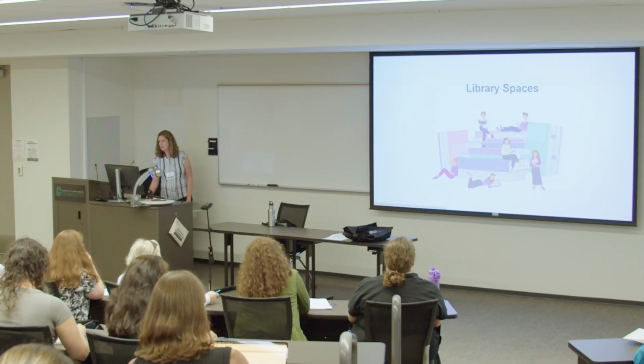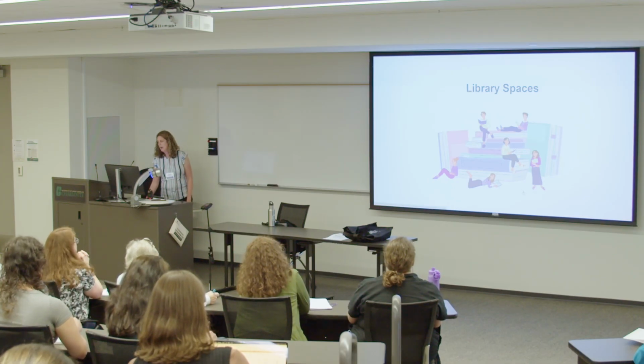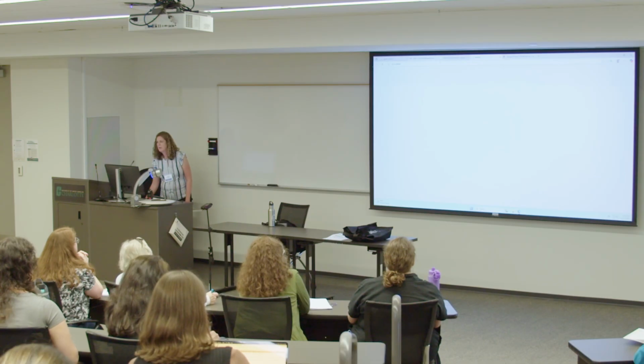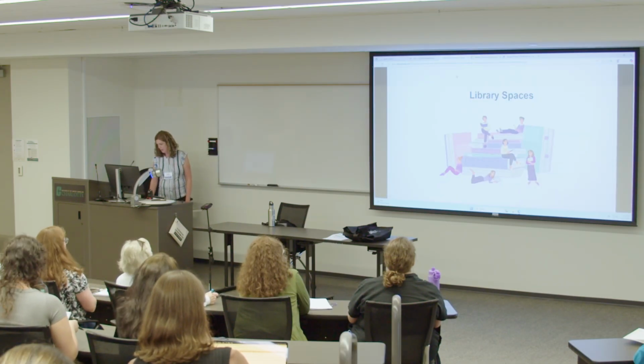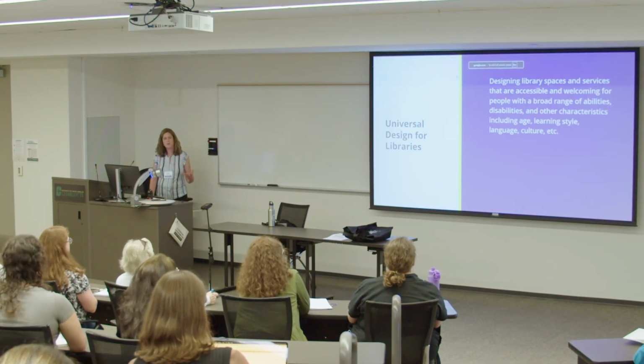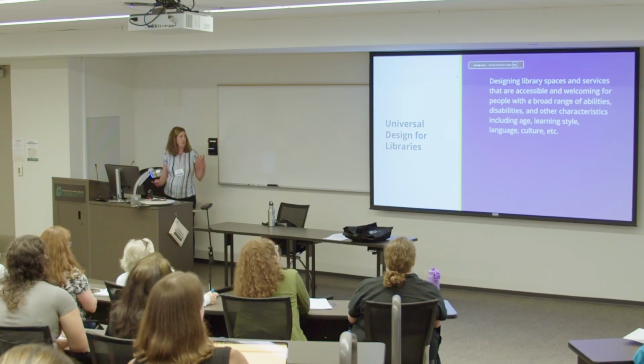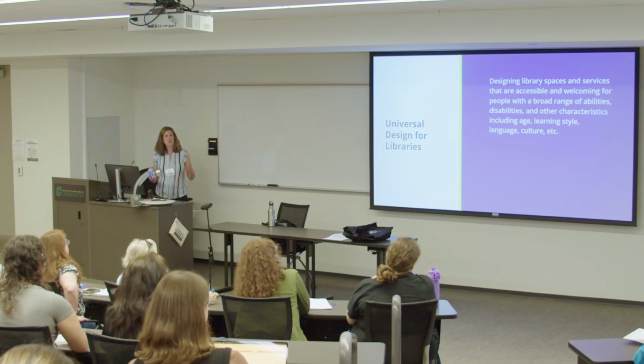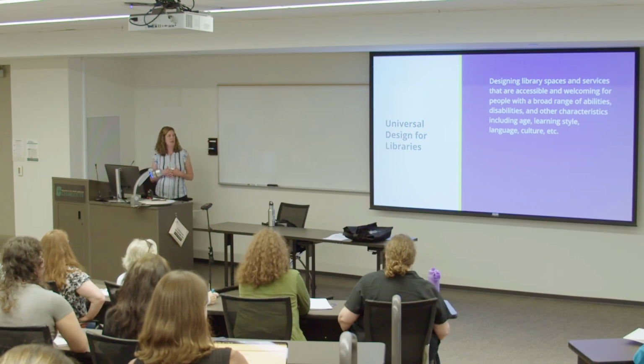And then with library spaces, and I know this is a lot, there are things we can do here too. Universal design, I mentioned that. I think we've all heard of universal design for education and universal design in buildings.